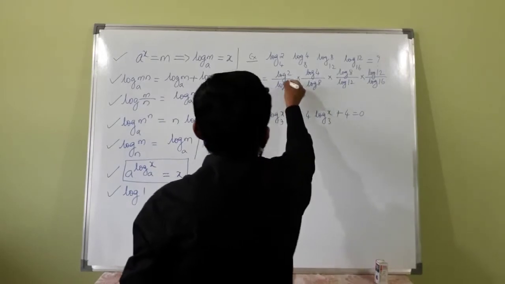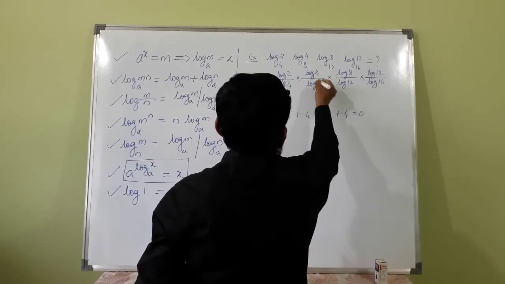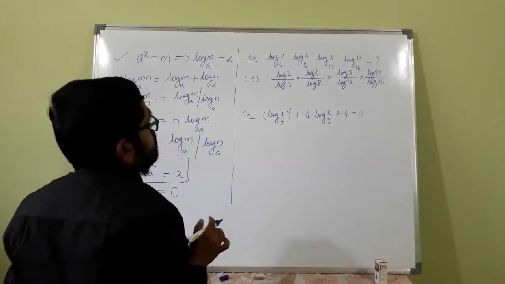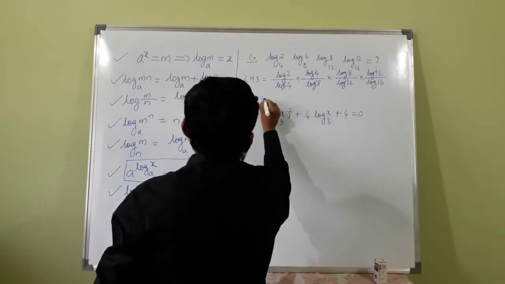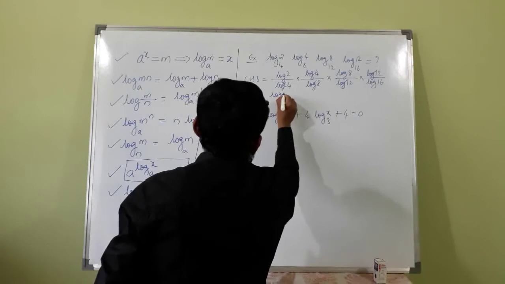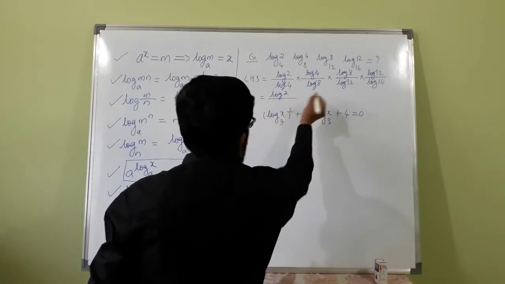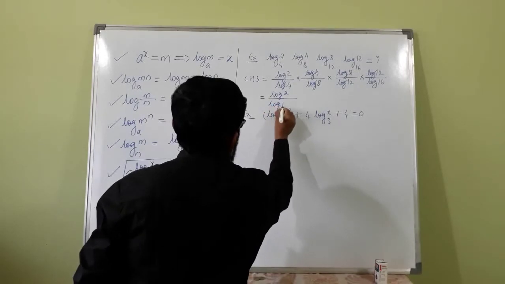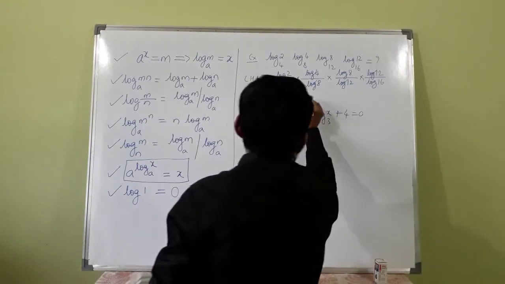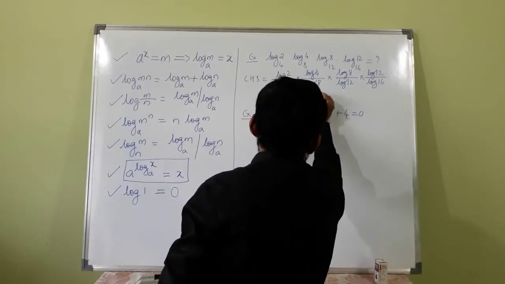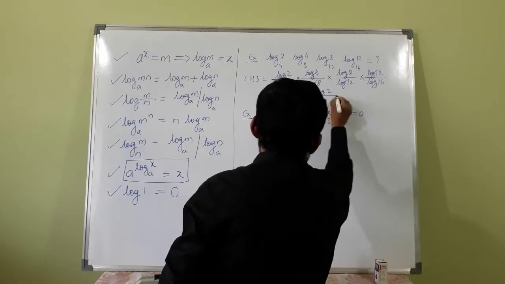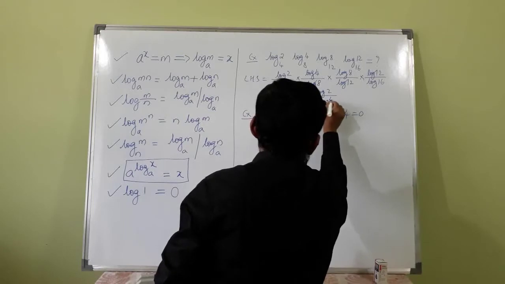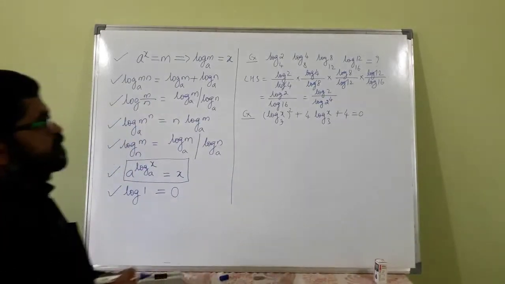See, log 4, log 4, log 8, log 8, log 12 get cancelled. What remains is log 2 divided by log 16. This log 16 can be written as log 2 to the power 4, isn't it?